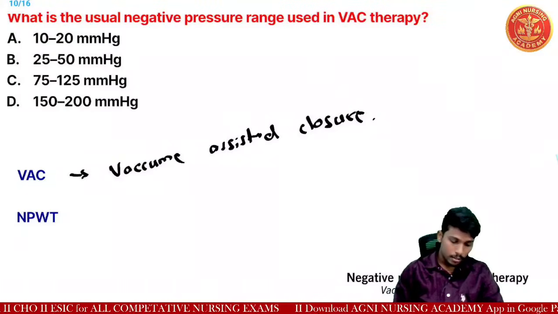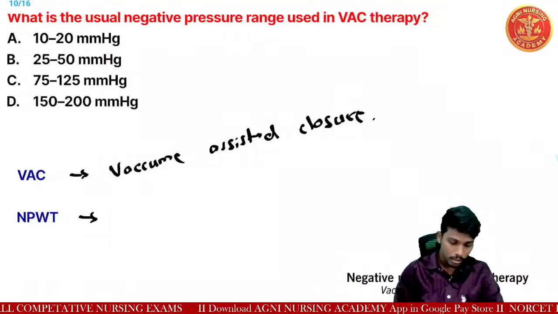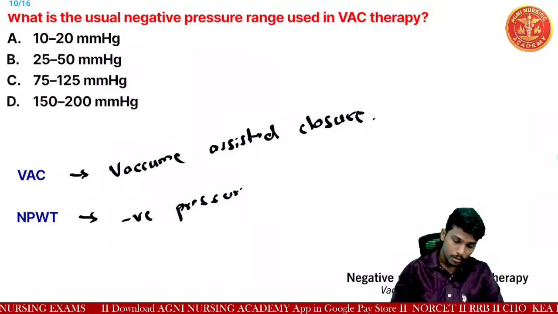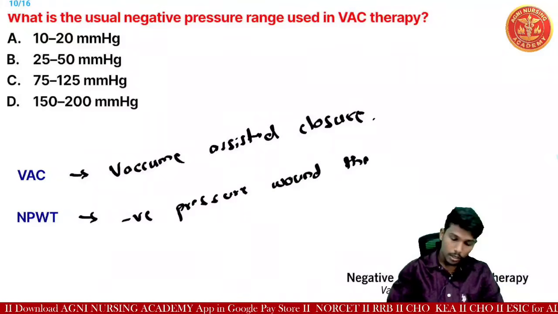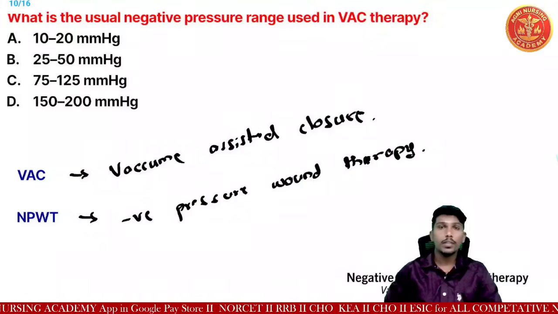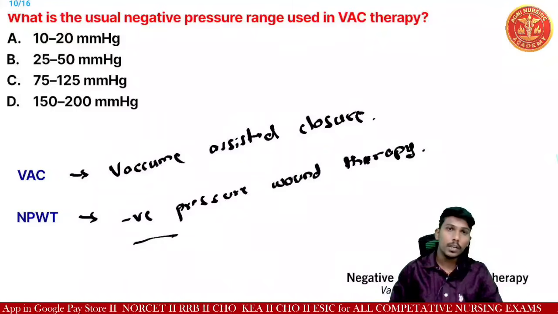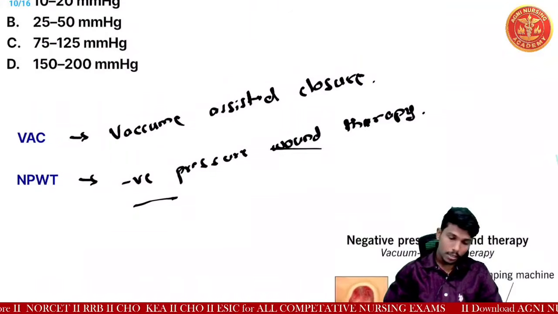Then one more short form is there, NPWT, that is also known as negative pressure wound therapy. Now you can understand why this therapy is used: we are using negative pressure for the treatment of wounds.